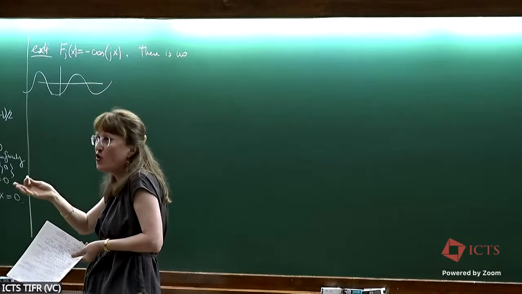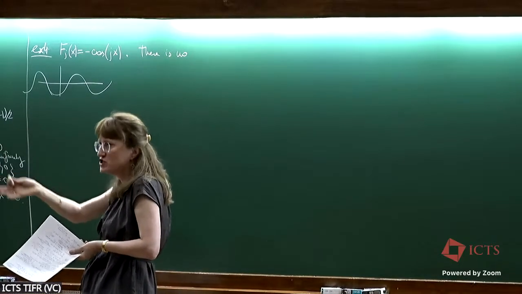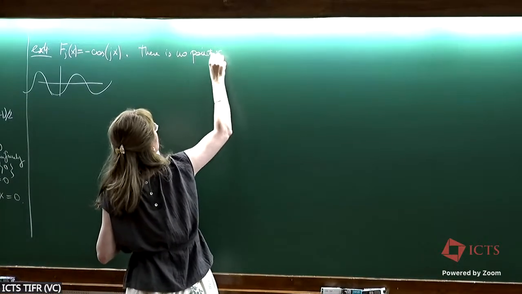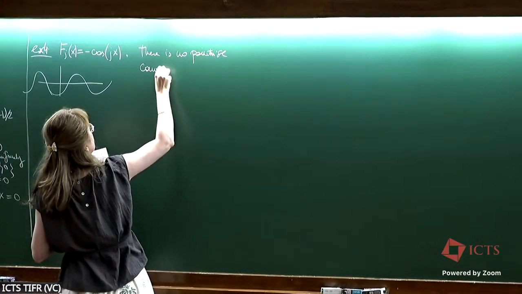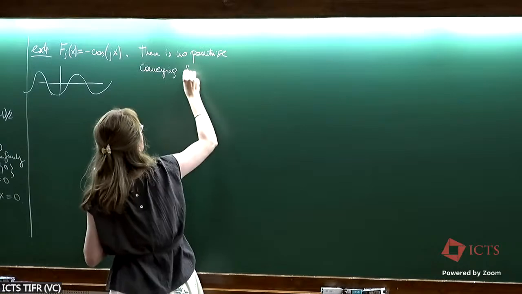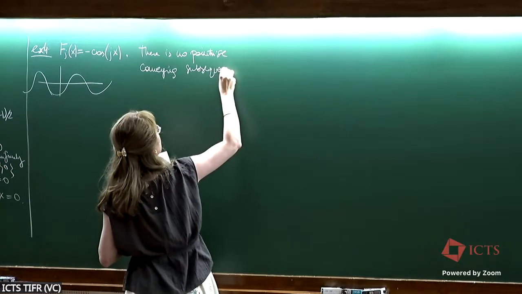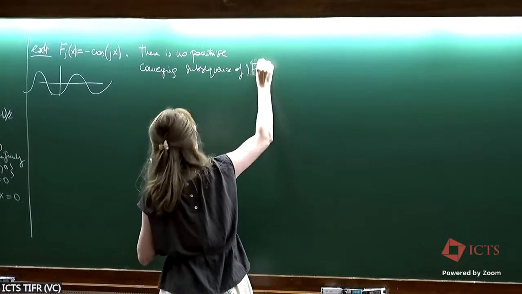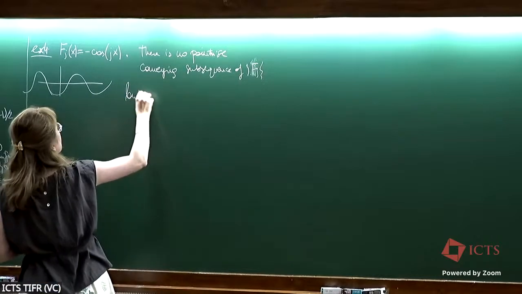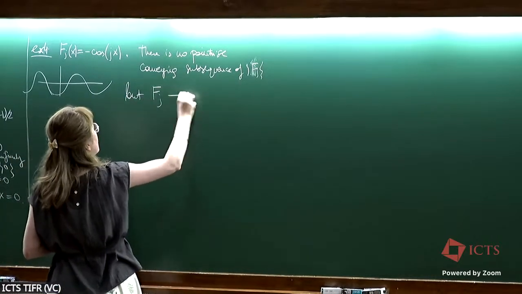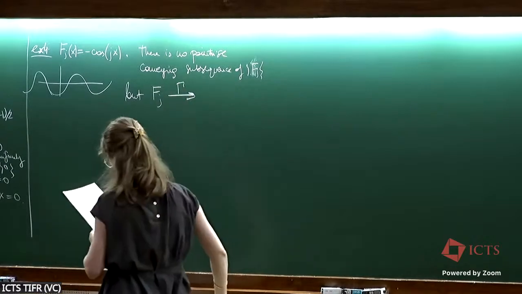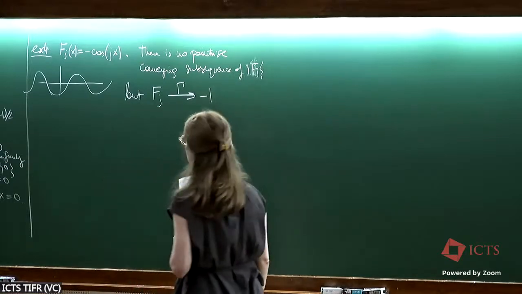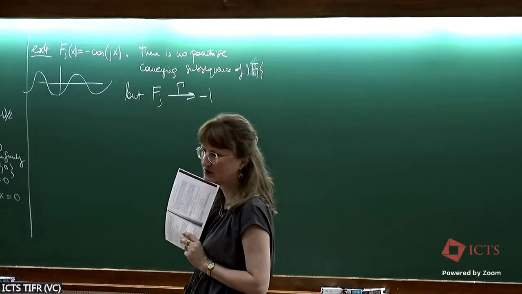There is actually no pointwise converging subsequence of this fj even. But I ask you to check that fj gamma converges to the constant function that's equal to minus 1.